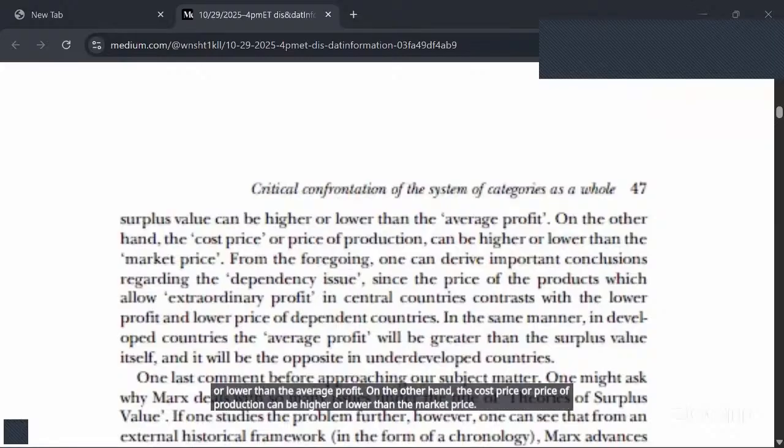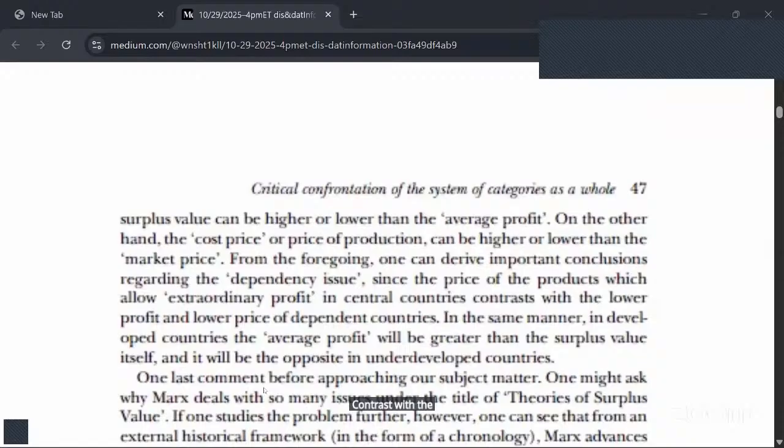Now, from the foregoing, one can derive important conclusions regarding the dependency issue, which is very important to Dussel, speaking in terms of Latin America. Since the price of the products which allow extraordinary profit in central as opposed to peripheral countries contrasts with the lower profit and lower price of dependent countries. So in the Latin American context, there's center periphery, right?